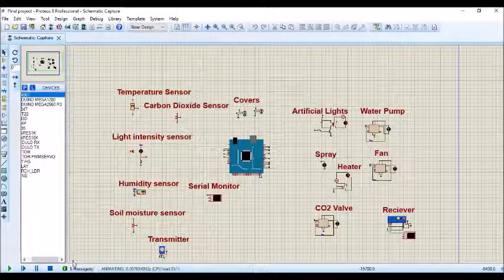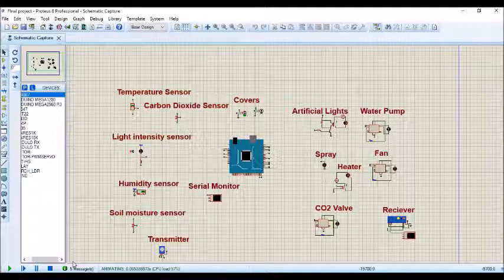Initially, Arduino Uno was used to simulate each of the sensors, but in the final simulation, Arduino Mega is used since it has more input and output pins. Arduino Uno could have been used, but the analog pins have to be converted to digital pins. Therefore, to reduce the complexity, Arduino Mega has been used.